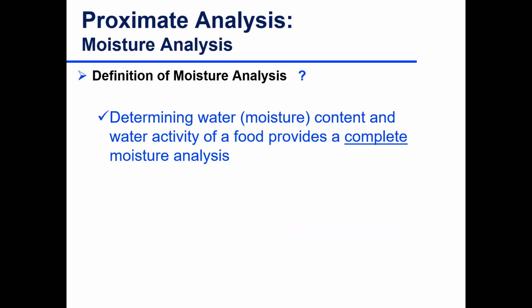And the definition of moisture analysis, determining the water content. And so now this is a little bit broader in the sense that somebody says moisture analysis to you, they may mean just the moisture content, or they may mean moisture content and water activity. You don't find water activity on your labels of products. You don't find it anywhere on the can or in the package.